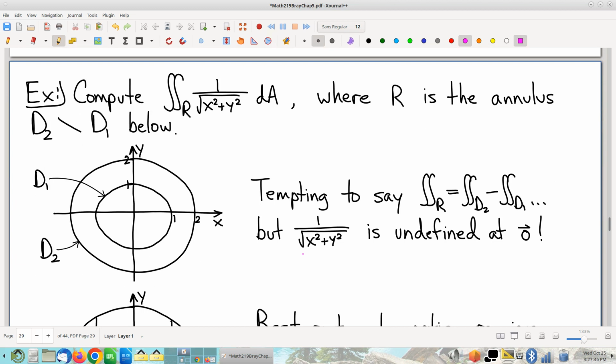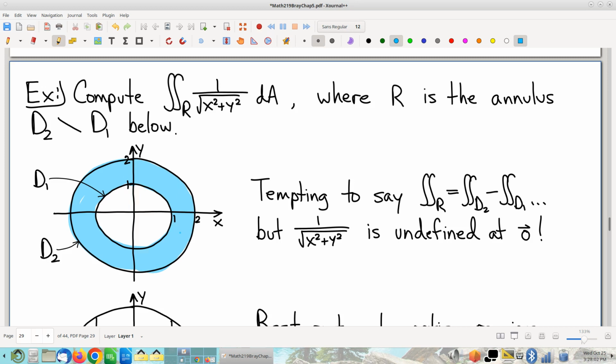Okay. So suppose you're doing an integral on what we call an annulus. It's like a ring. I like to think of this as being a moat around a castle. I don't know why. That's just where my head goes.